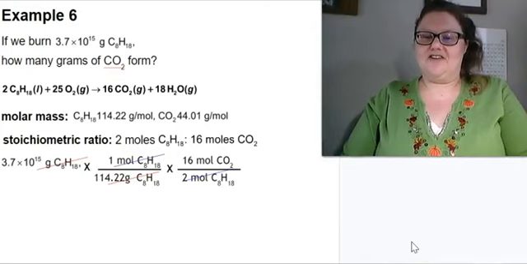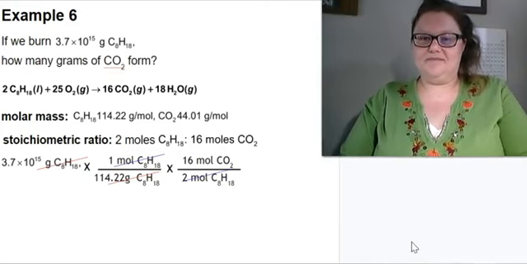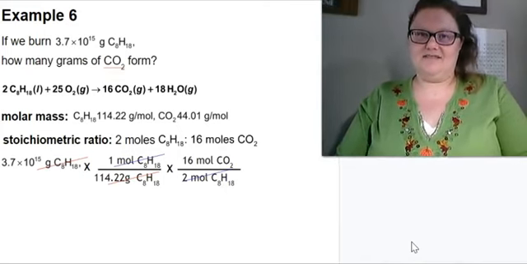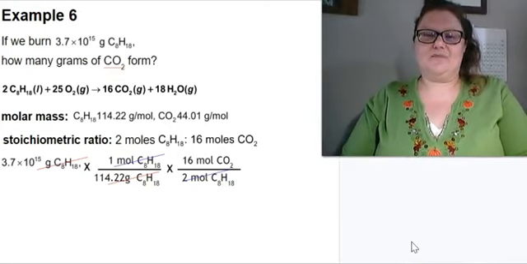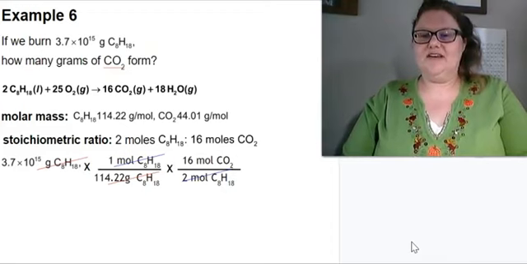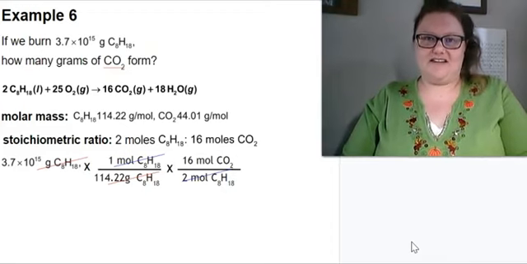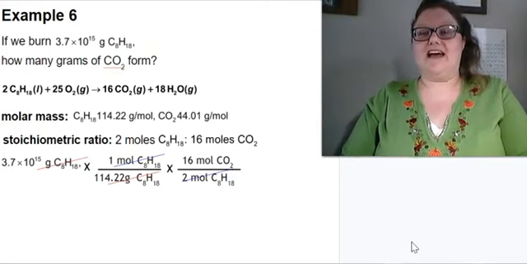The moles of octane are going to cancel in this step. Notice I haven't done any math yet. We're just setting it up so the units cancel, and then we do the math at the end. So now we have moles of carbon dioxide. The question asked for this in grams, so we have one last step.